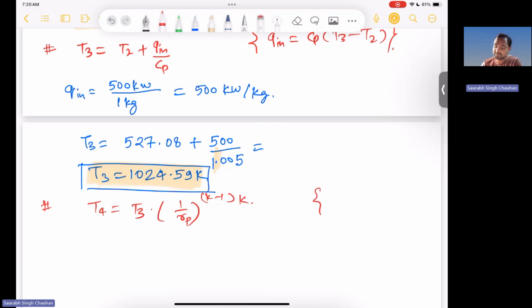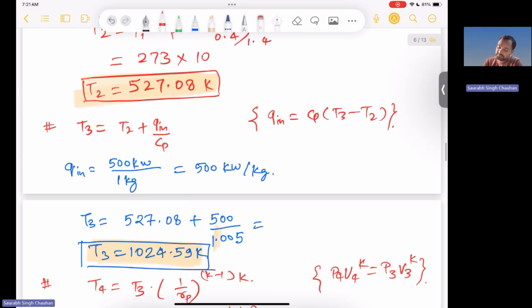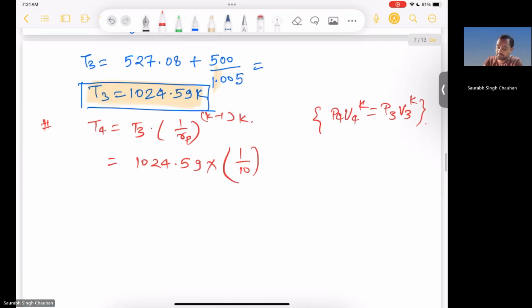This is coming from P4 V4^k is equal to P3 V3^k. If you substitute the values, T3 we have just calculated, pressure ratio is 10 and k is 1.4, so 0.4 divided by 1.4, Kelvin.